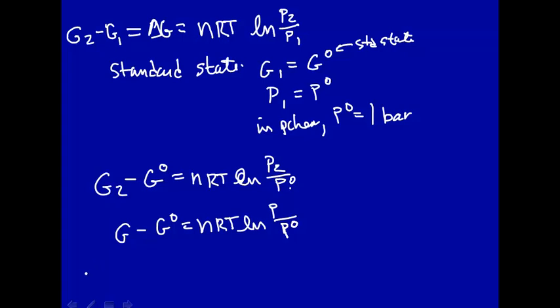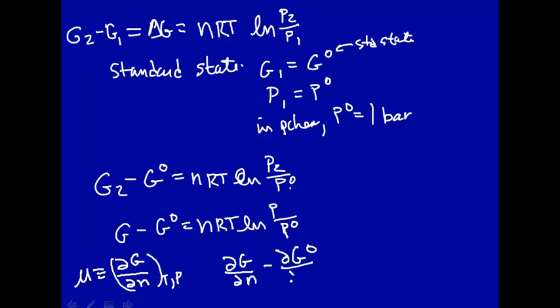Furthermore, we know that mu we defined was how G changes with N at constant temperature and pressure. So if we take the derivative of this with respect to N, we have how G changes with N minus how G0 changes with N, and that's equal to, the N will go away, just RT times the natural log of P over P0.